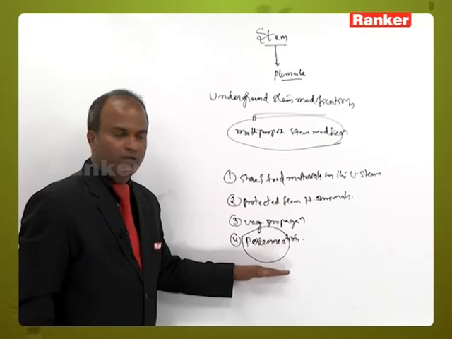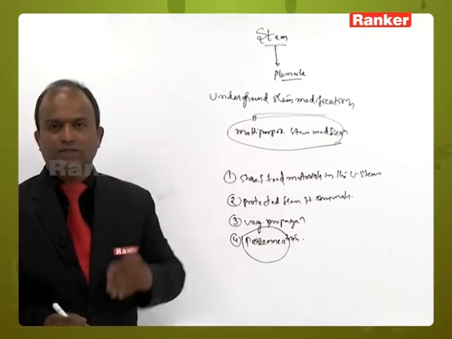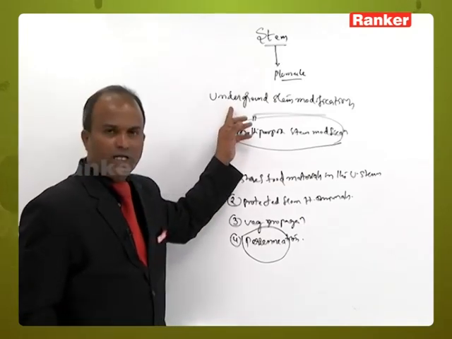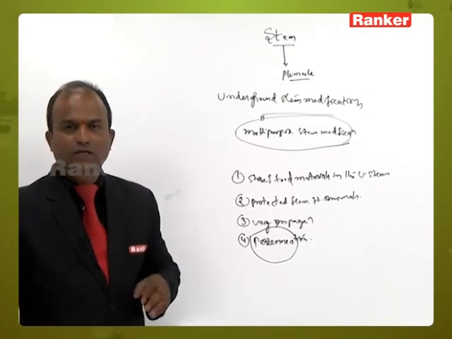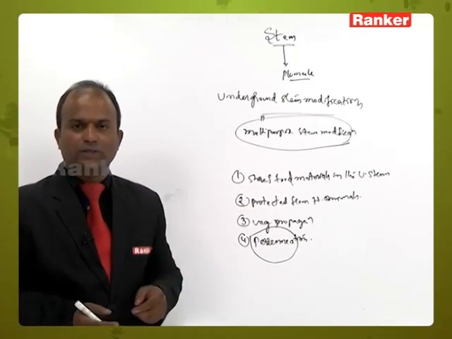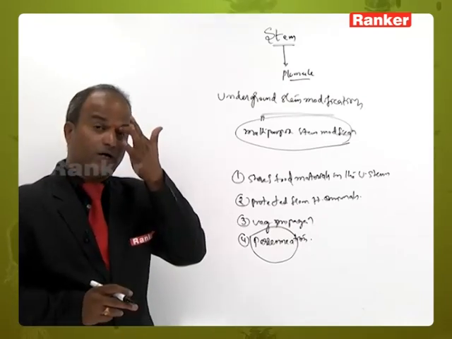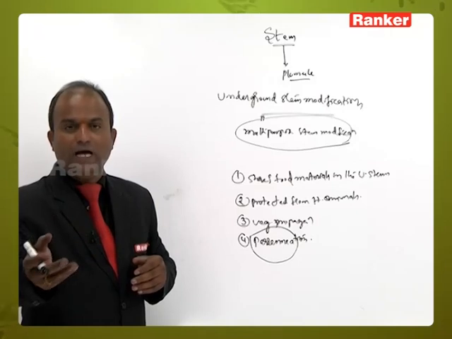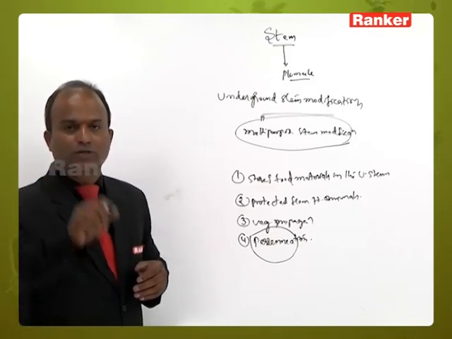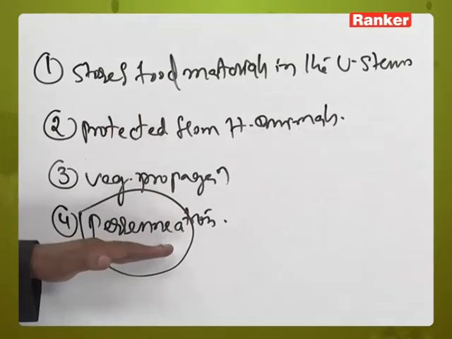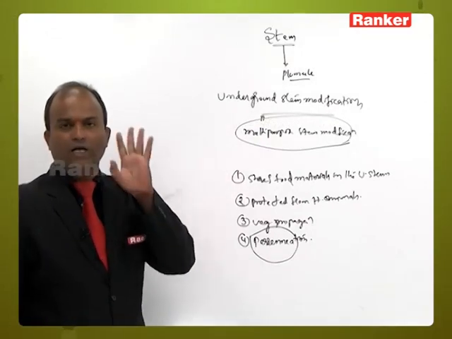For example, if these underground stems face unfavorable conditions, at that time no preparation of food is taking place, but they can survive during unfavorable conditions. Why? Because at that time they use the food materials stored in the underground stems, so it leads to a perennial life.